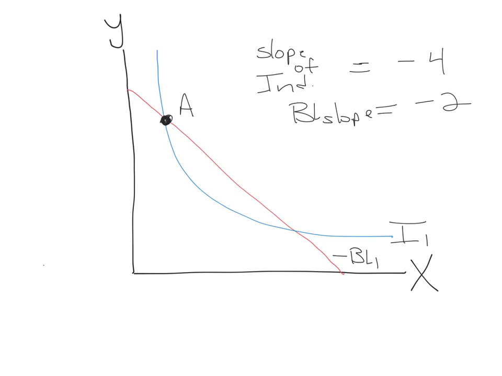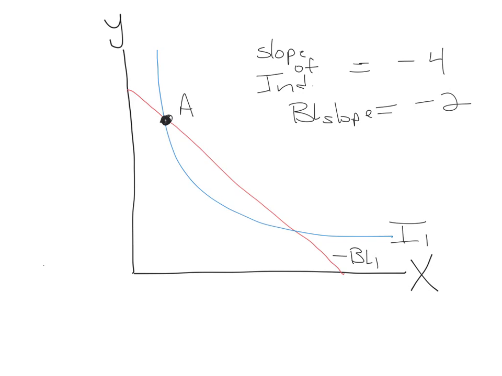So what that means is that this consumer values X. Remember that the slope of the indifference curve is the value the consumer has for X. The consumer values X at 4Y, but the consumer only has to pay 2Y to actually buy 1X in the market.